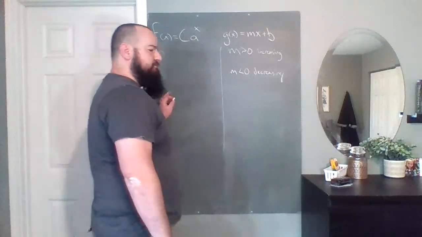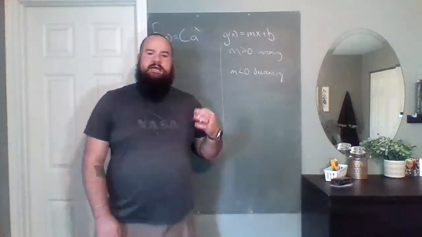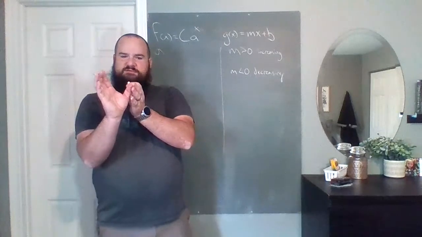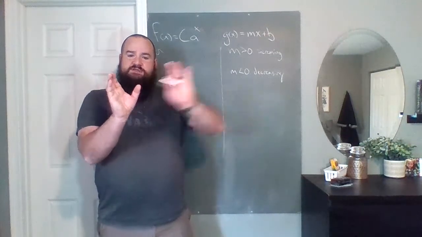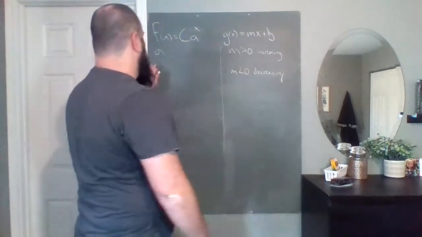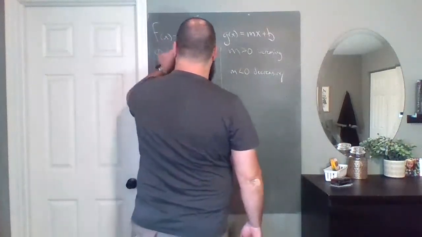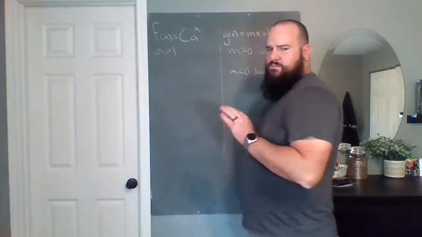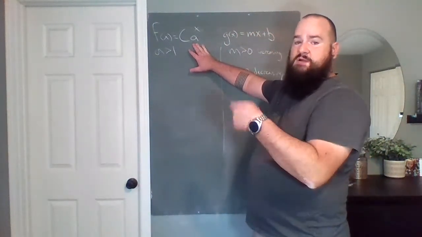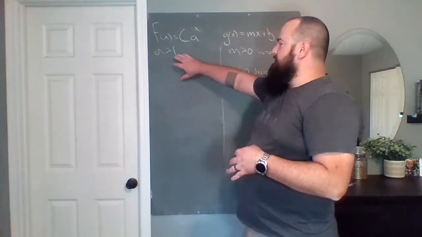So our restrictions on a, if we remember back, a had to be greater than 0, and it couldn't be 1. So it gives us a nice little split. We've got everything between 0 and 1, then everything after 1. And so what we say is, if a is greater than 1, every time x goes up by 1, I'm multiplying by a number that's bigger than 1.